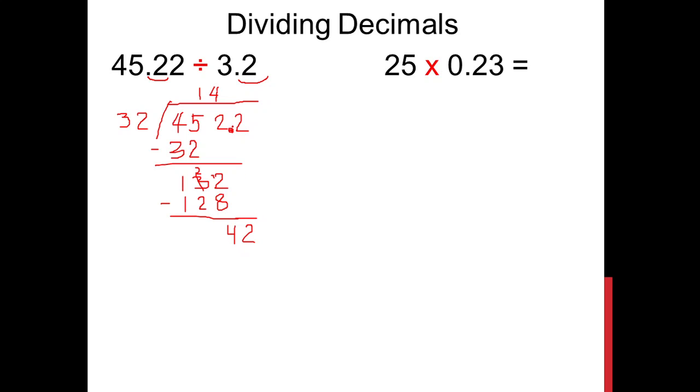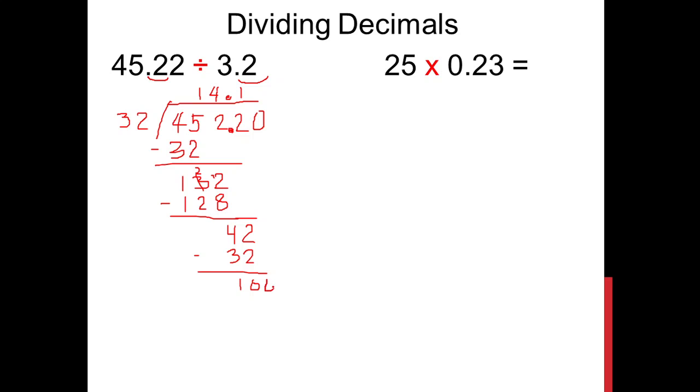And then we need to move our decimal point here because we're already on this last number. Okay, so 42 divided by 32, that is 1. 1 times 32, that is 32. Subtract, that is 0. 4 minus 3, that's 1. Let's try to add another 0 here.